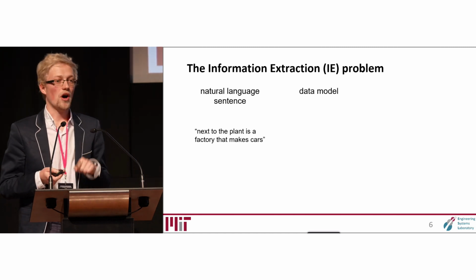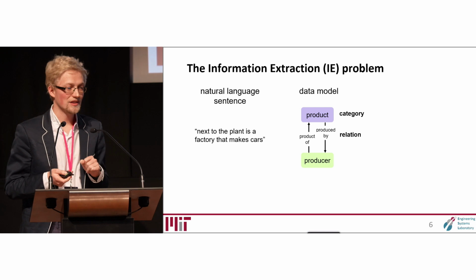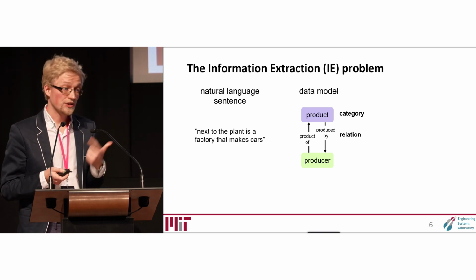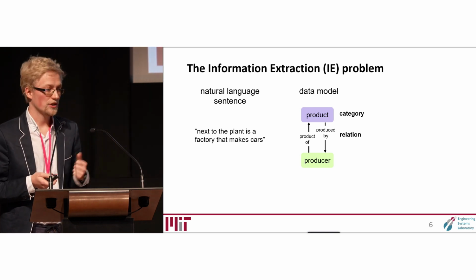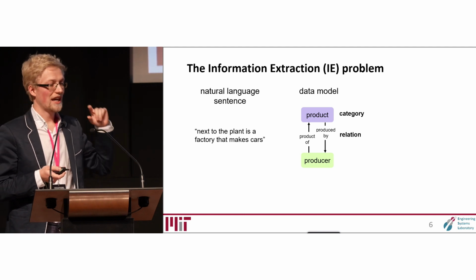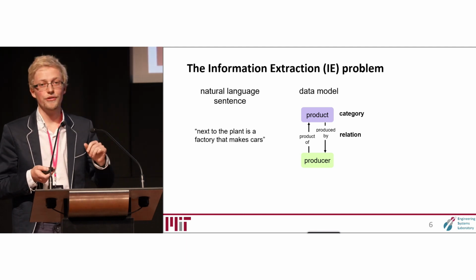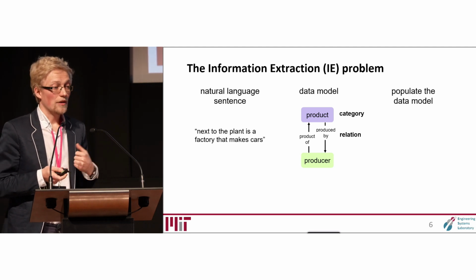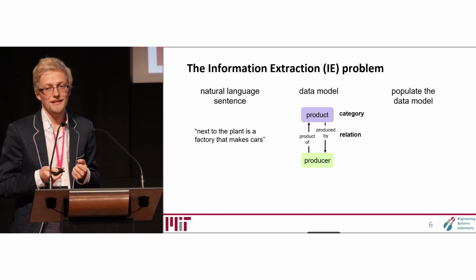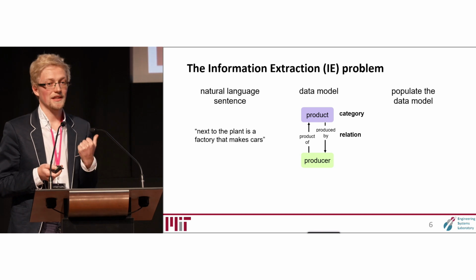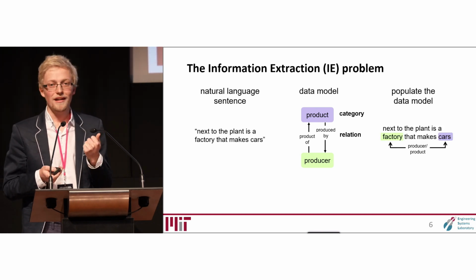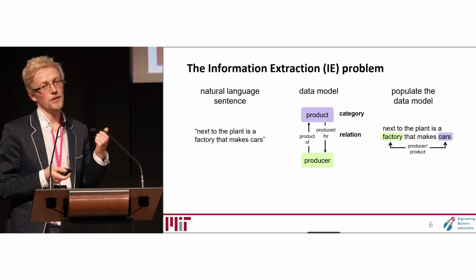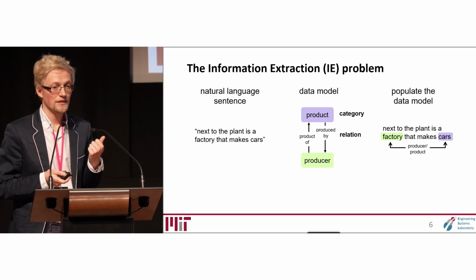Then you have a data model, and a data model consists of a set of categories and relations between them. So for example, here we have a product category and a producer category that are linked by 2 types of relations. And we want to populate that data model based on the sentence that we had. So here I'm just highlighting the populated data model on the sentence.